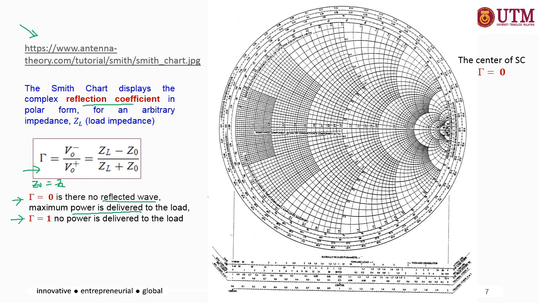But if the reflection coefficient equals 1, there will be complete reflection on the system, so no power is delivered to the load. Alright, so from the Smith chart, when the system is matched, you'll see a point here representing reflection coefficient equal to 0, in which the normalized impedance of the system is completely matched.